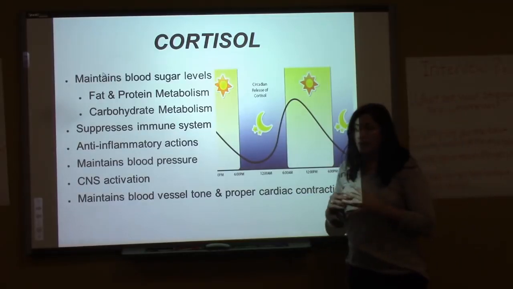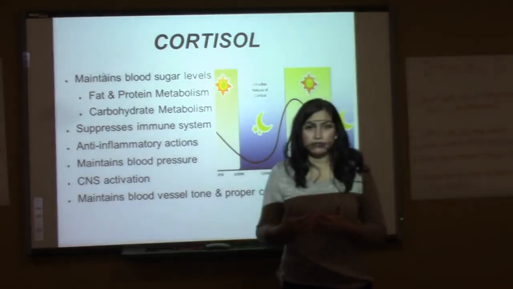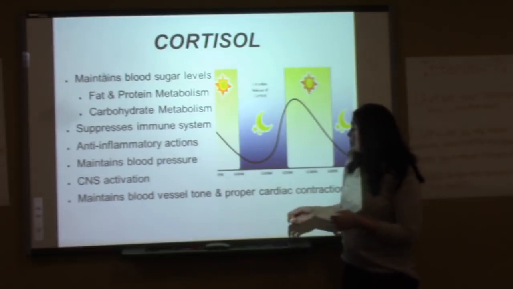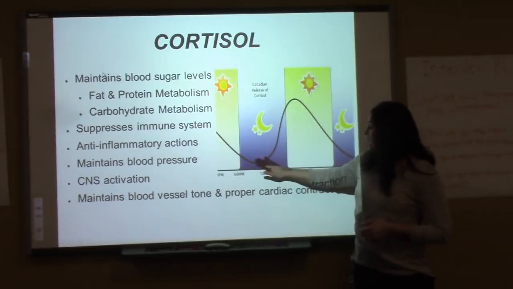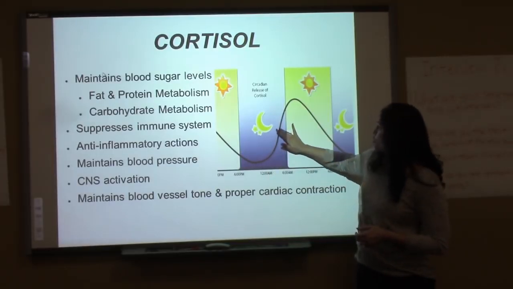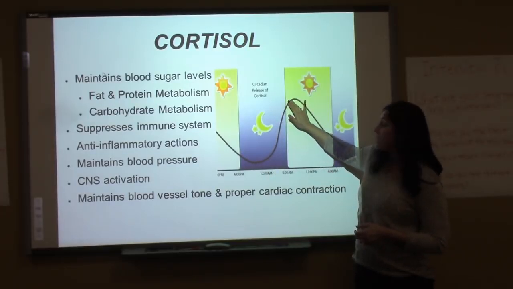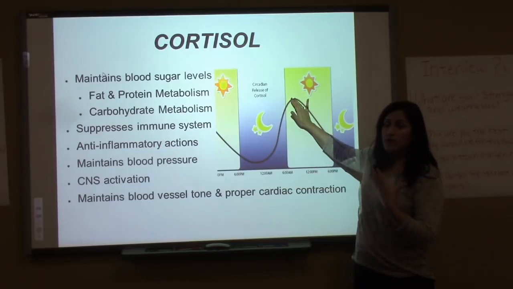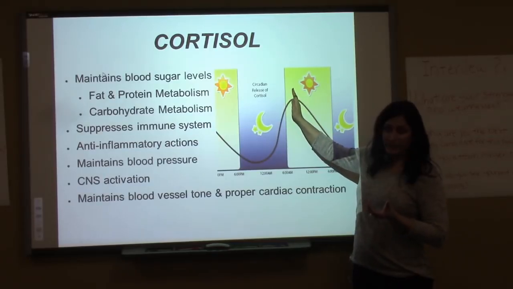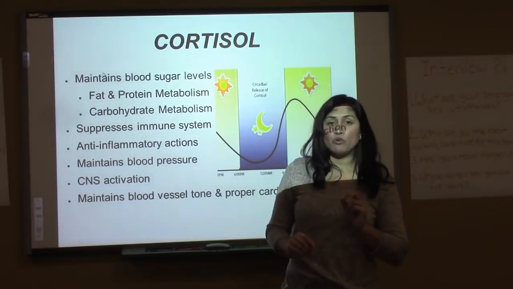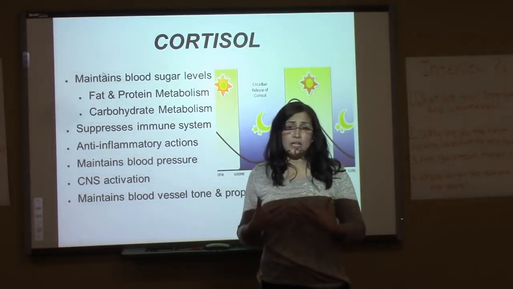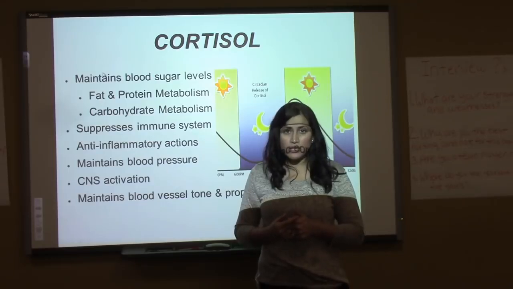Now, cortisol has a rhythm. There's a daily rhythm. Cortisol is the lowest basically at midnight. And as you start approaching daylight, as you start approaching your time to wake up, it peaks. So cortisol peaks basically 1 to 2 hours before you wake up. Waking up is a stressful situation for your body.